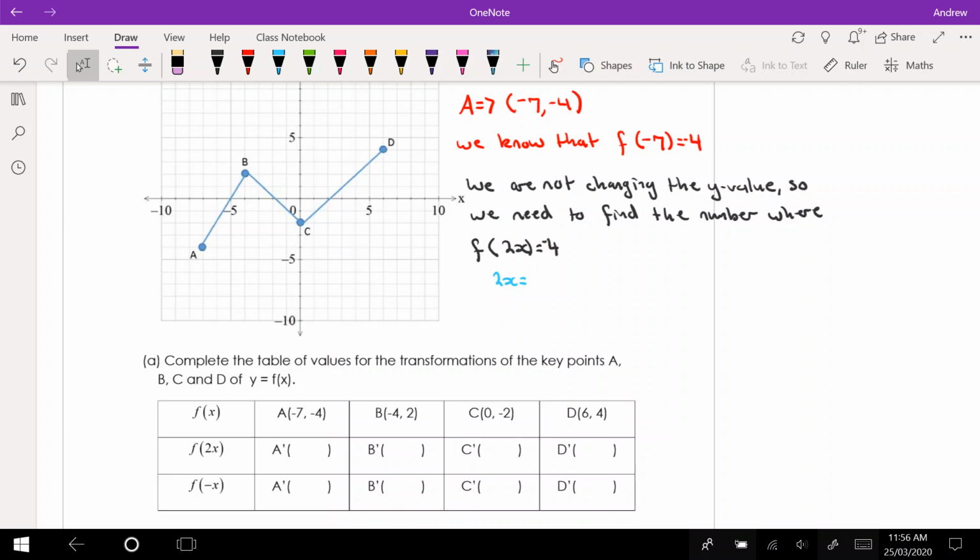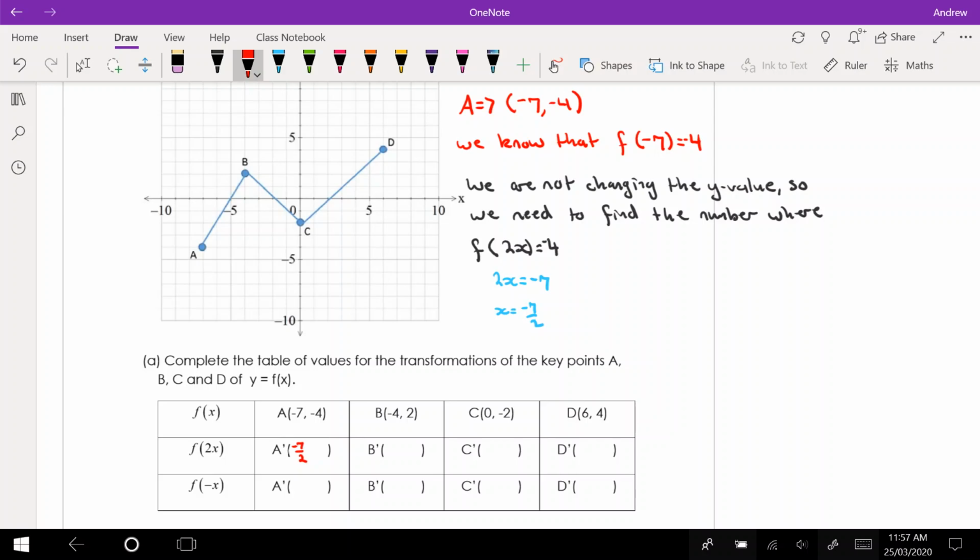It has to equal -7 because we know that the function only spits out one y value for every x value. So 2x has to equal -7 because otherwise the function doesn't stand. So x is going to be -7 over 2. And that's going to be my new coordinate down here. So I know I just have to divide that x value by 2 to get it down here.